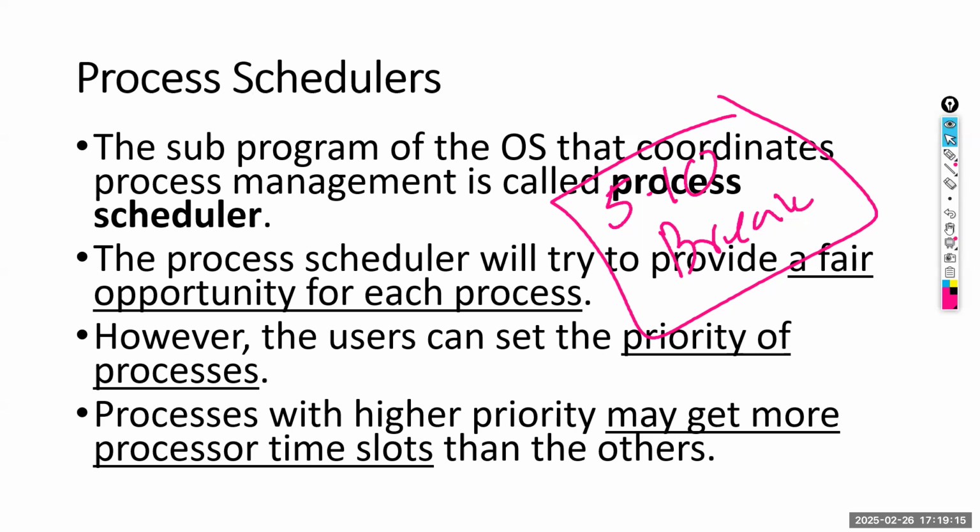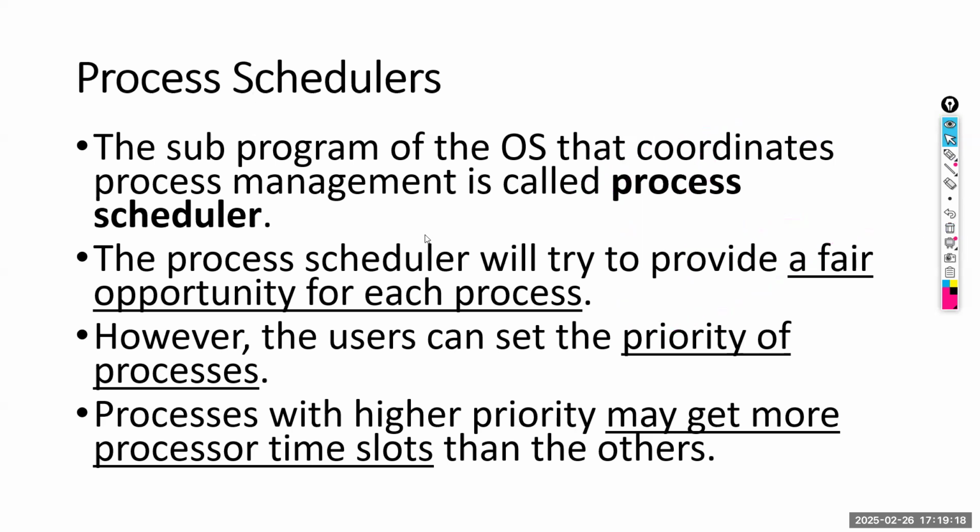Okay, so let's continue. So now you know how the processes are handled by the computer or the operating system. Multitasking: multiple processes seem like they are running in parallel, but in reality, time slots are given.